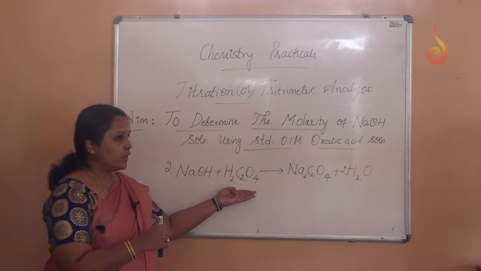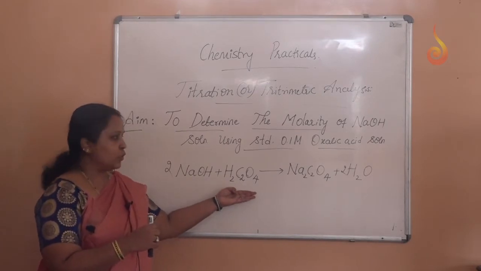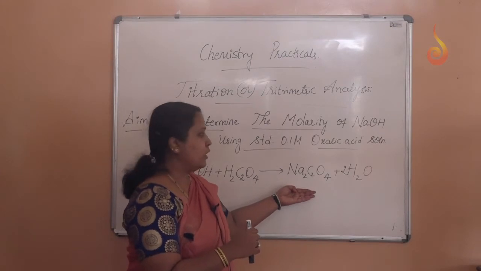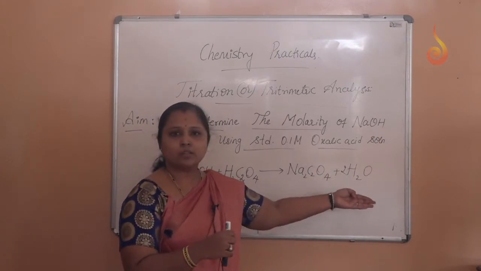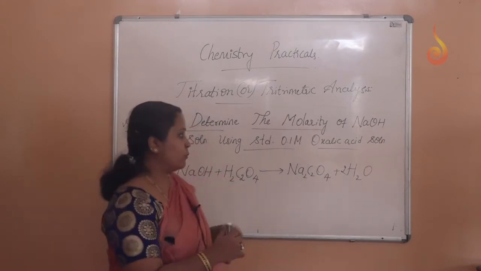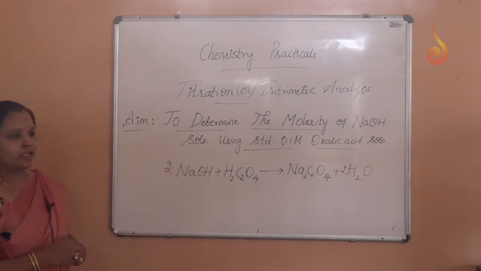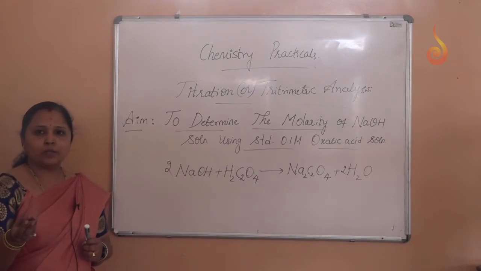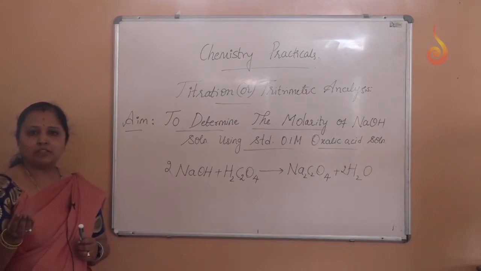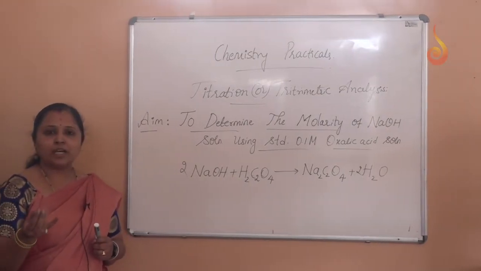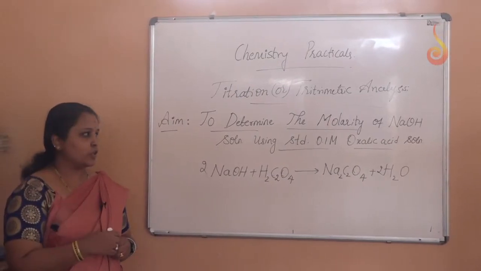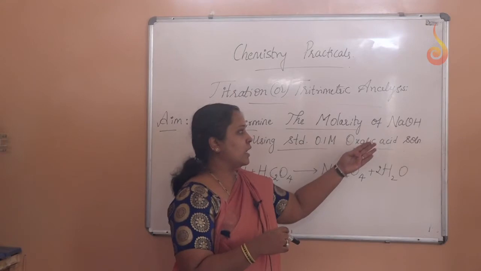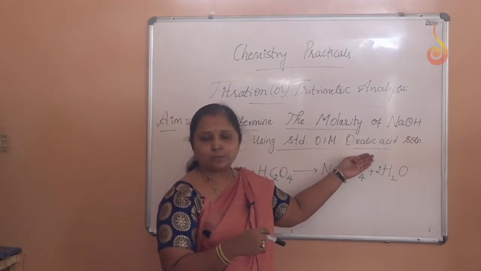NaOH combines with oxalic acid solution leading to the formation of the salt, which is sodium oxalate, along with water. Now, what is the apparatus that is required? I have already told you, we require a burette, pipette, conical flask, and along with that we require two solutions, sodium hydroxide and oxalic acid.